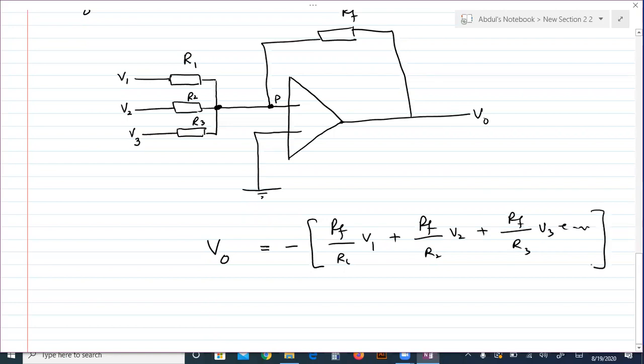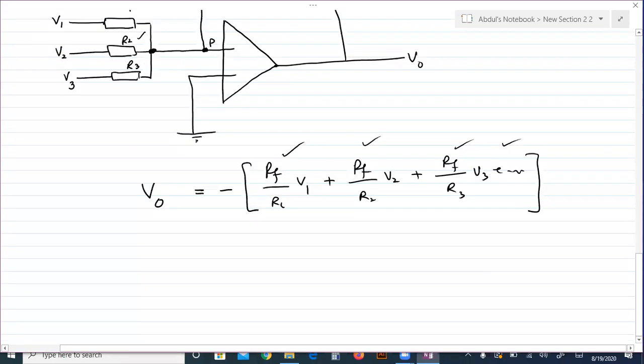When a number of inputs are given to the operational amplifier, then this will be the formula: RF over R1 times V1, RF over R2 times V2, and all these fractions, these values are added for the total output. So V out is equal to minus RF over R1 into V1, RF over R2 into V2, and so on.